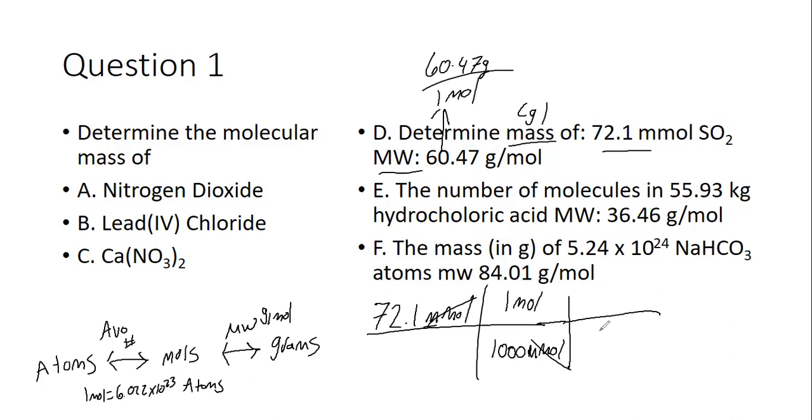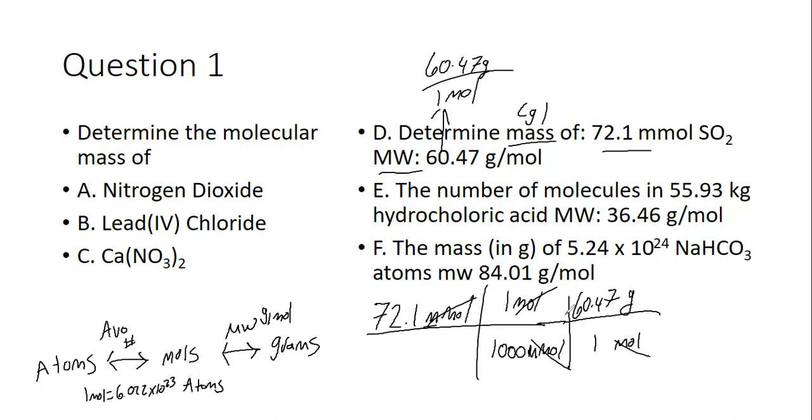So when doing this, mole goes on the bottom, gram goes at the top, because I want moles to cancel out and have a unit of grams. My fraction says, well, I have a number 1 on the bottom and a 60.47 at the top. So now I can do my calculation.